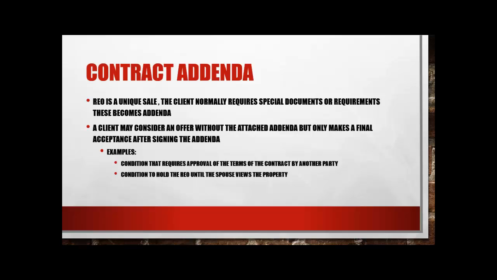A client may consider an offer without the attached addenda, but can only make a final acceptance after signing the addenda. Examples of these addenda are a condition that requires approval of the terms of the contract by another party, or, similar to the earlier one, a condition to hold the REO until the spouse views the property.